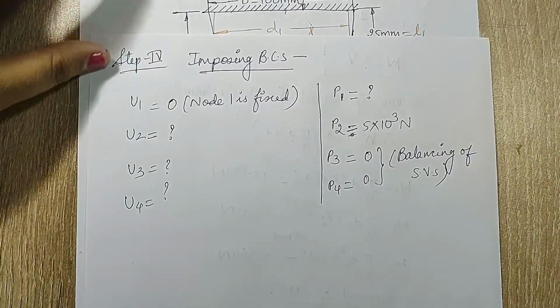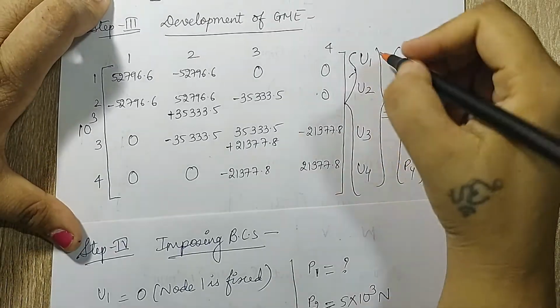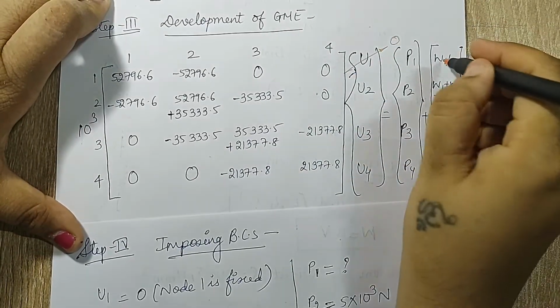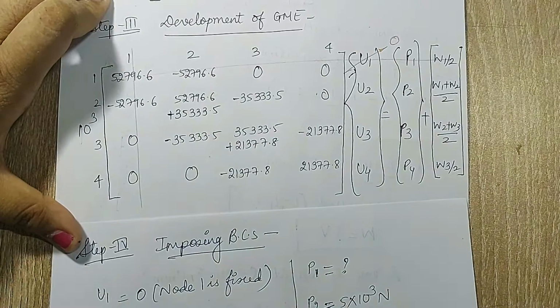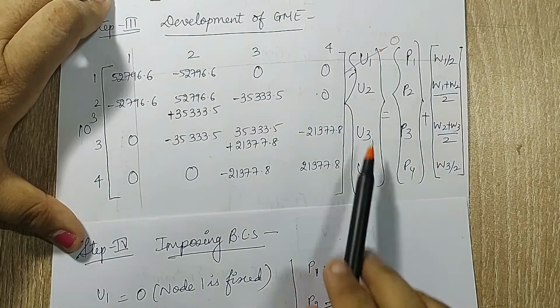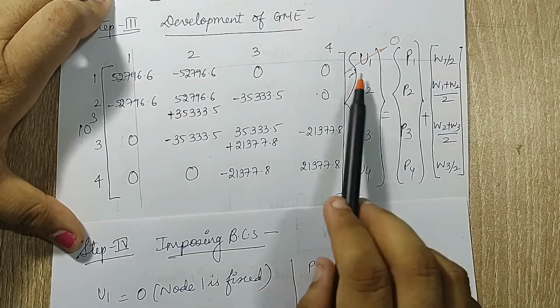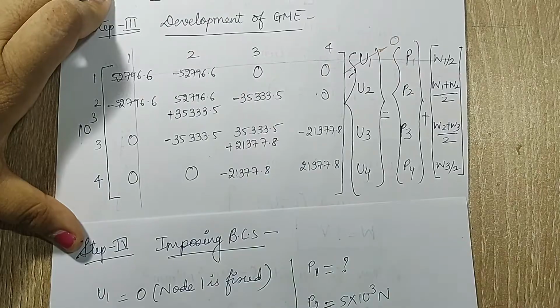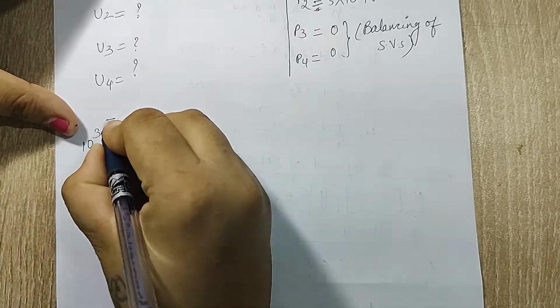I got u1 as 0. When I get back to this matrix, I'll write down u1 is 0. First row, first column to be neglected for some time. I'll be using these equations for calculating value of u2, u3, u4, and finally I'll get back to P1 and calculate its value. Now I have a 10 raised to 3 common.